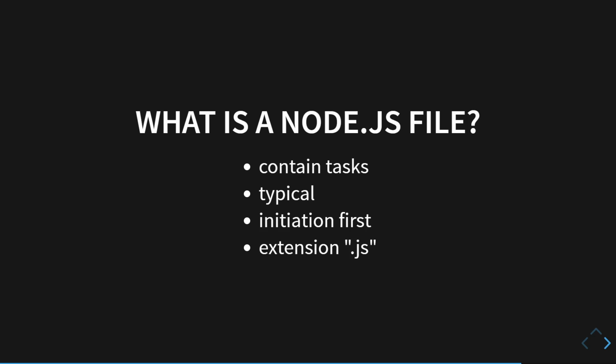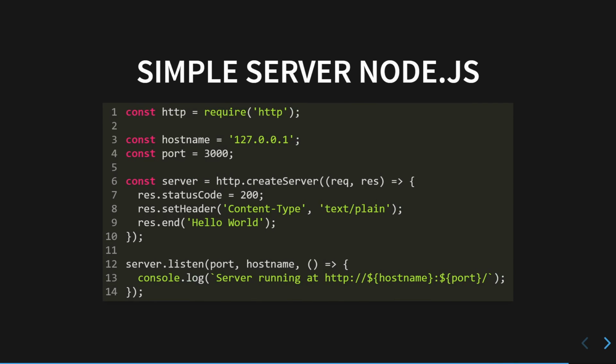Now let's take a close look at the simple Hello World server. If you have already worked with JavaScript, this code is familiar to you. In the first line, we see the import of the HTTP server.